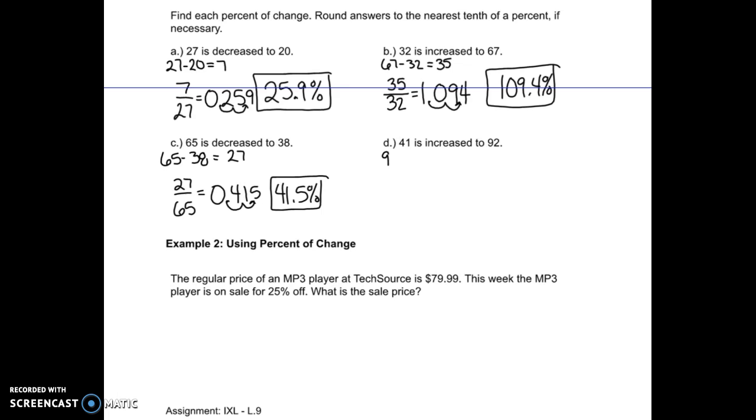And D, 92 is the bigger number, so it goes first. 92 minus 41 is equal to 51. Our original amount is 41, so 51 over 41. And that gives us 1.244. Moving our decimal 2 places, we have 124.4%.